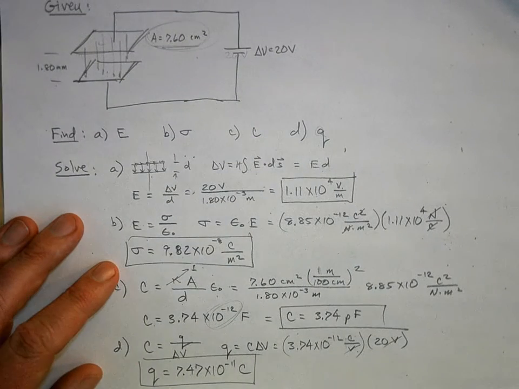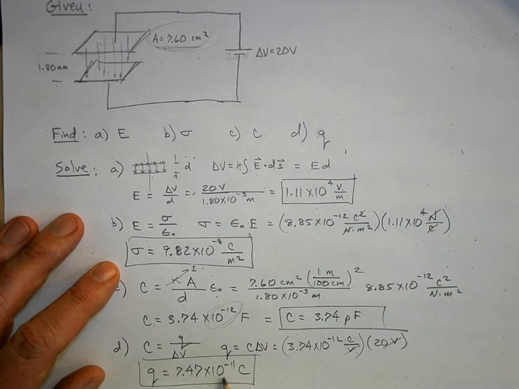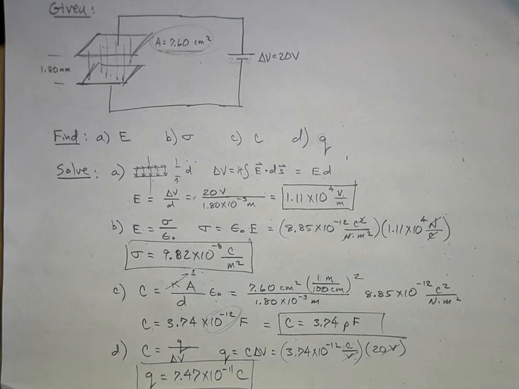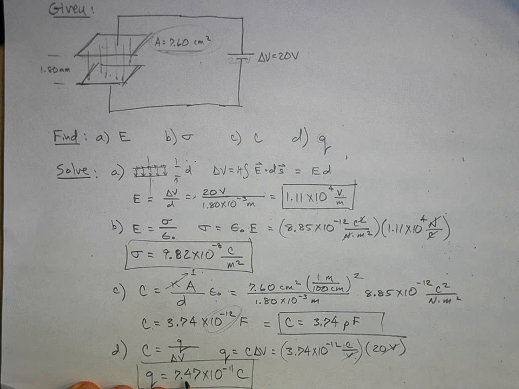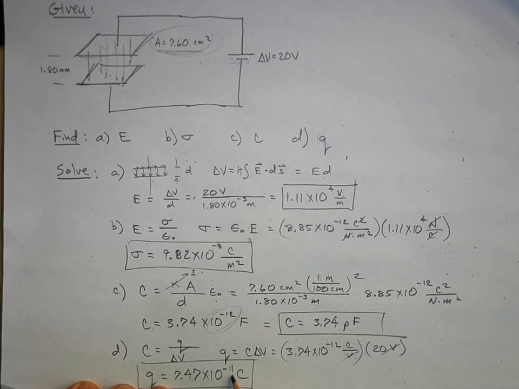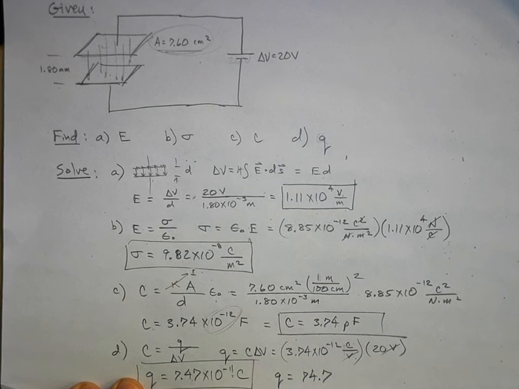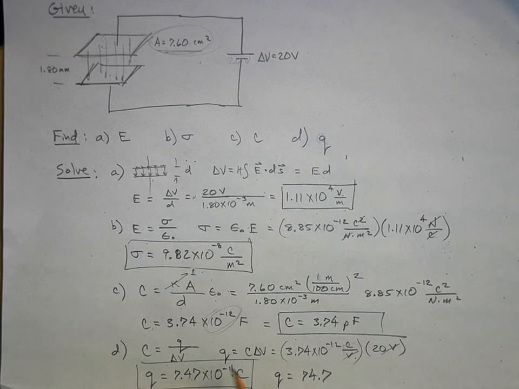But they go, this 10 to the negative 11, so close to 10 to the negative 12, right? So here's what I'm going to do. I'm going to multiply this by 10 and divide this by 10. And what I do is I get Q equals 74.7 because I multiplied this by 10. But then to keep it equal, I have to divide by 10.